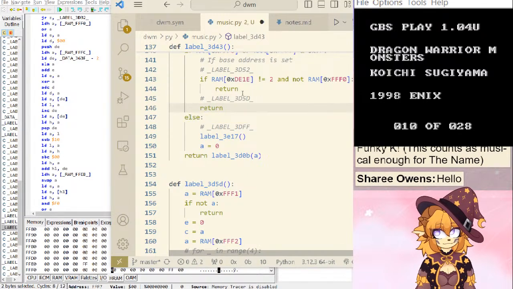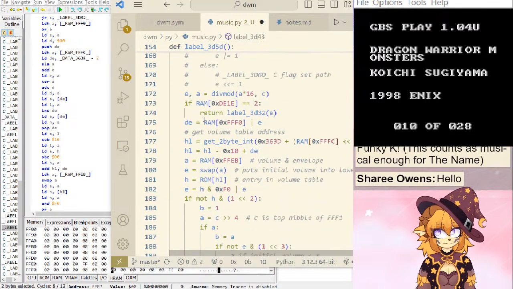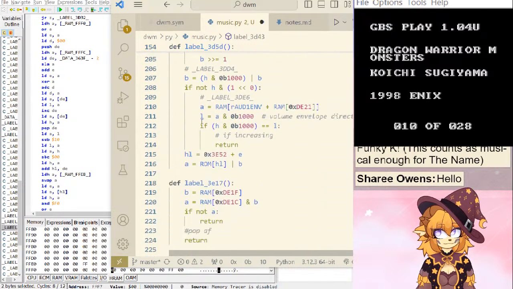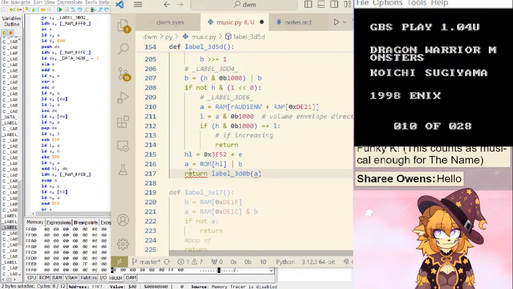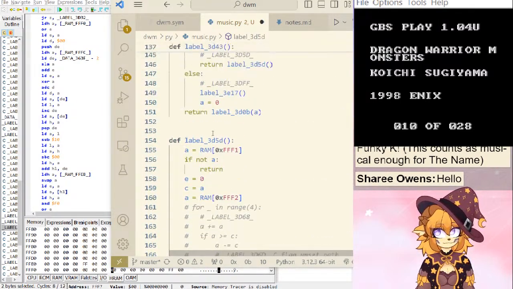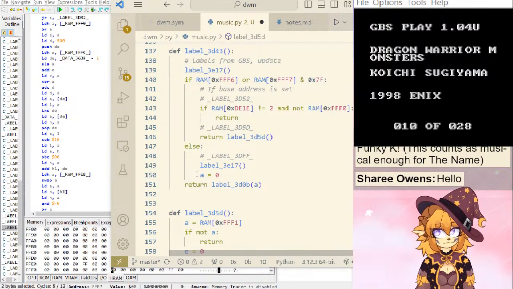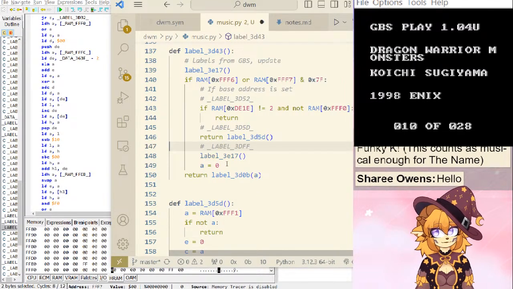Say, return label 3D5D. But then at the end of this, we need this return. So I'll branch in this return, then we don't need the else here.